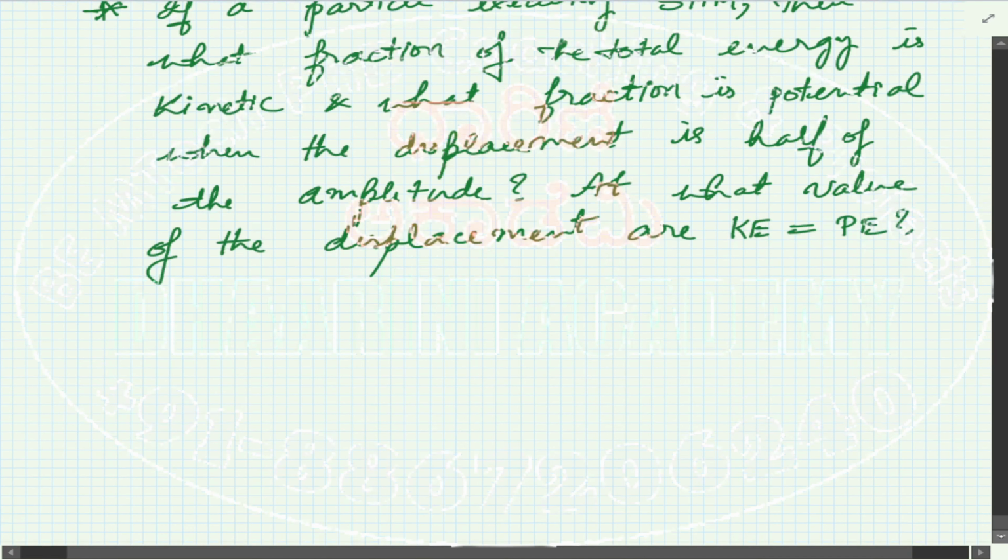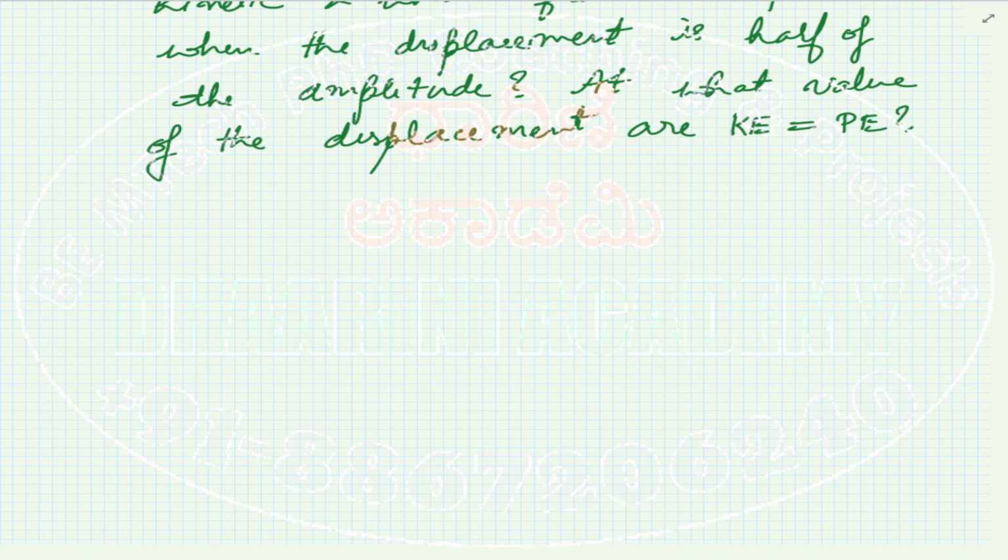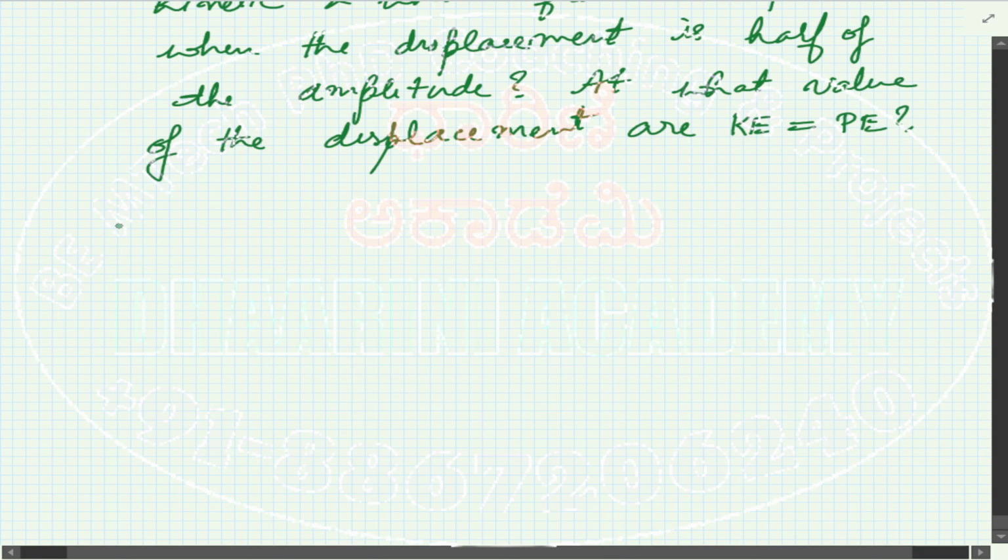There is a particle which is vibrating and following simple harmonic motion. Let us start the solution from the minimum potential energy position, that is the mean position.